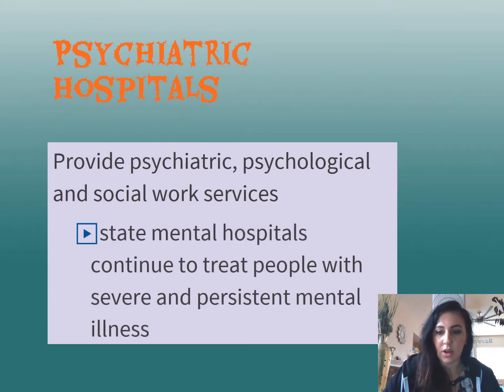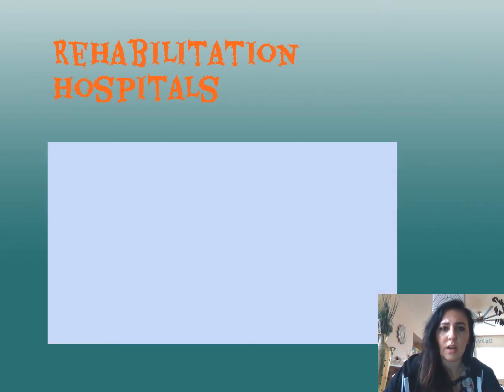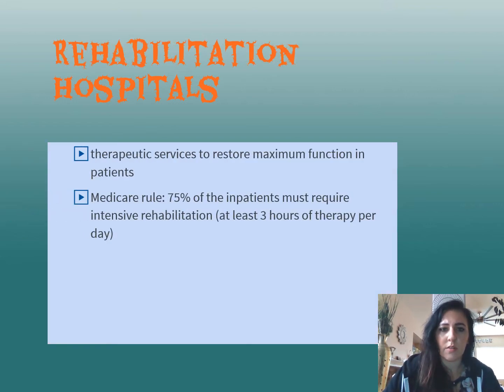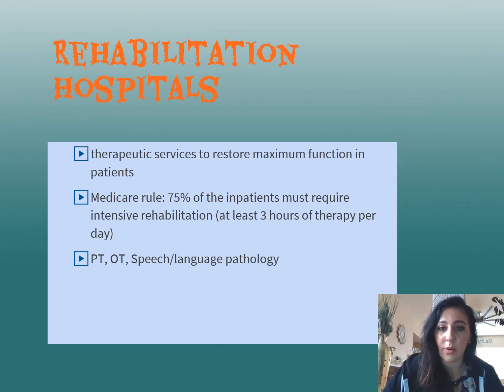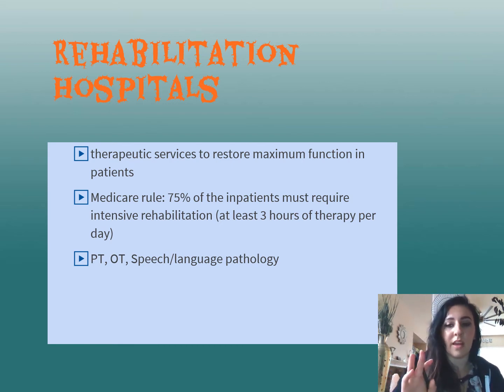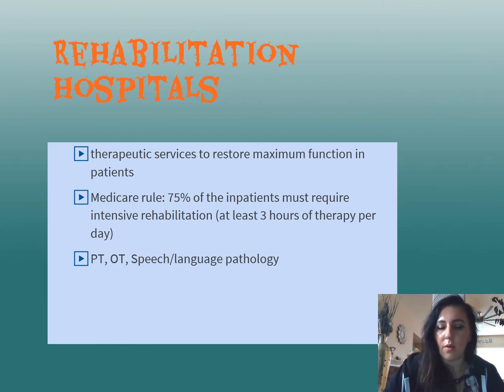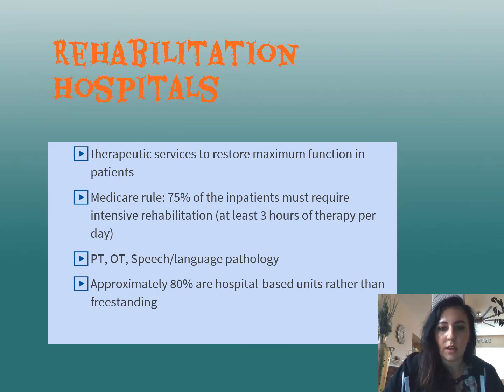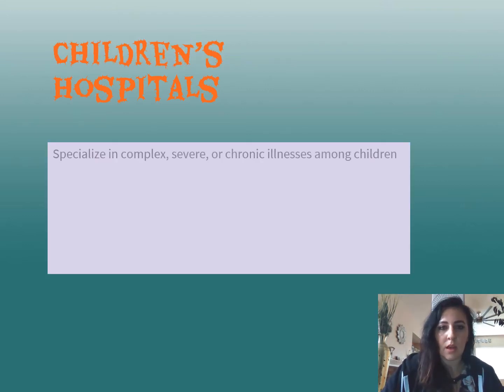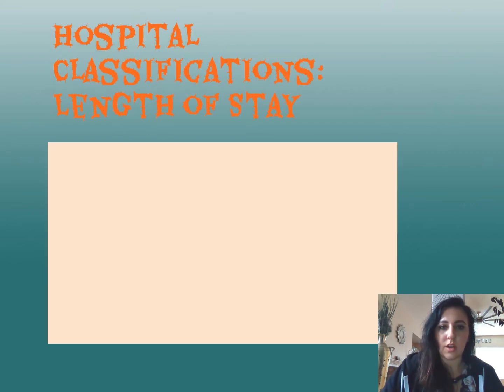All right, psychiatric hospitals, I think we already touched on this one. Let's move forward. Rehabilitation hospitals, like I said, a lot of them are going extinct anyway, so for the most part, many general hospitals have their own rehabilitation units. So 80% are hospital-based units rather than freestanding hospitals. Then we touched on children's hospitals already.